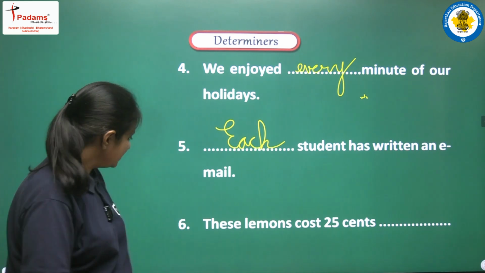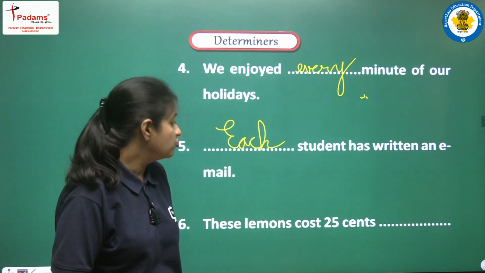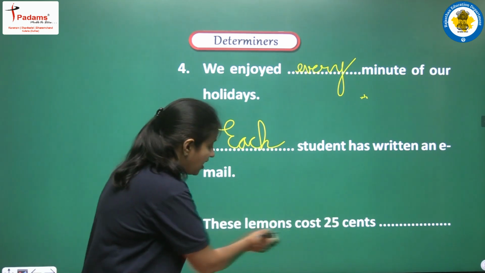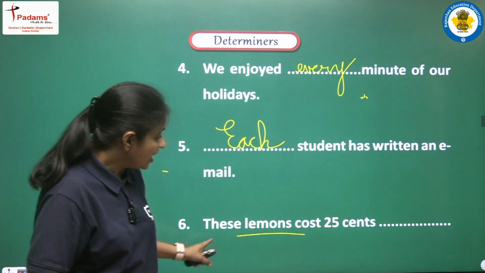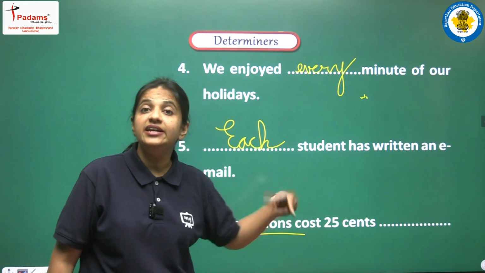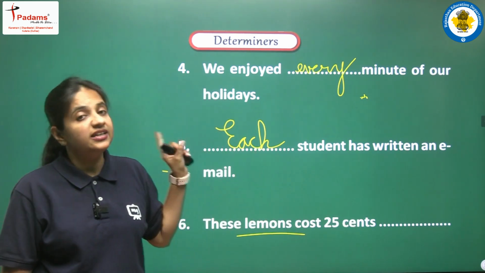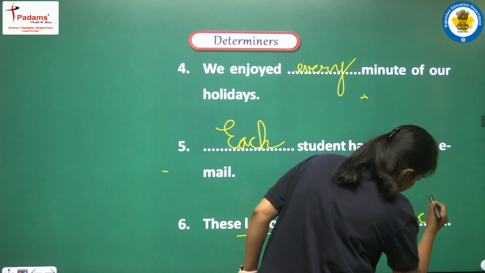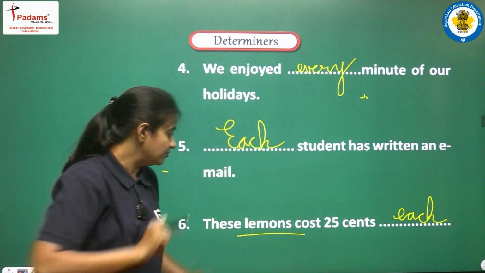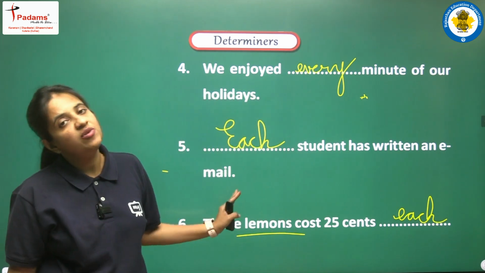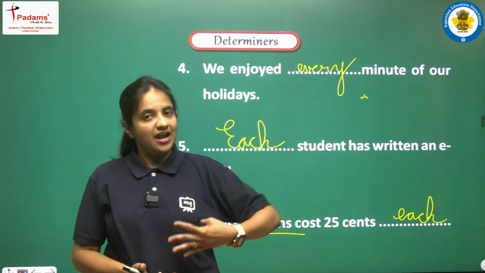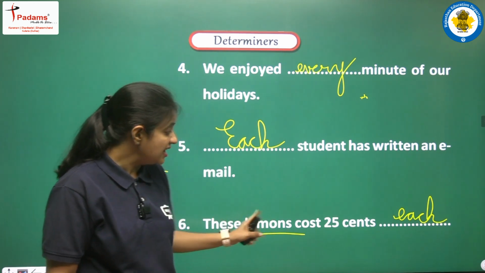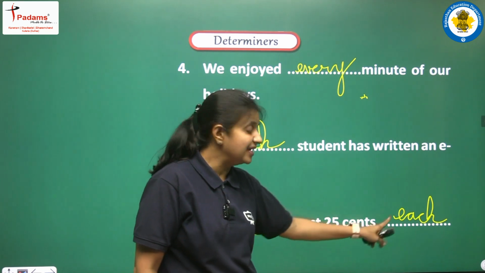Alright. Next sentence, "these lemons cost 25 cents." Let's suppose we have 4 lemons, and we are talking about them individually, so let's write each. We are talking about the cost, the price of the lemons. We are saying that these lemons cost 25 cents each.